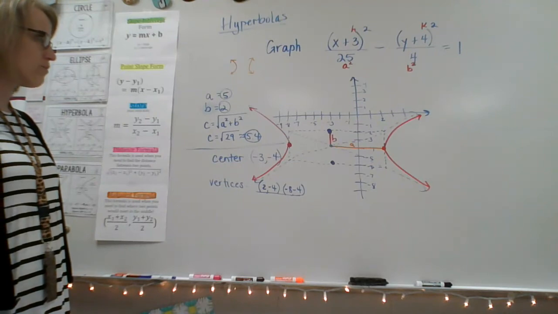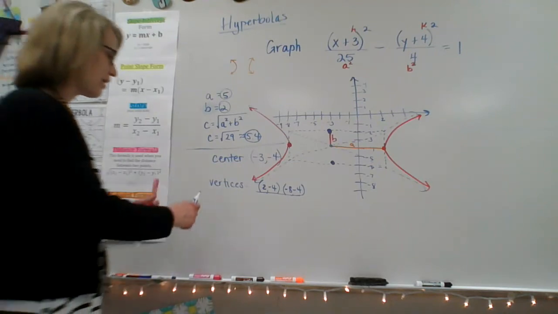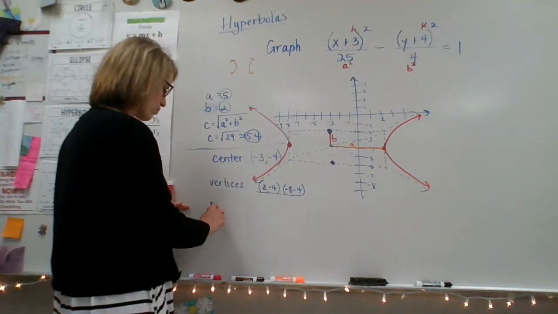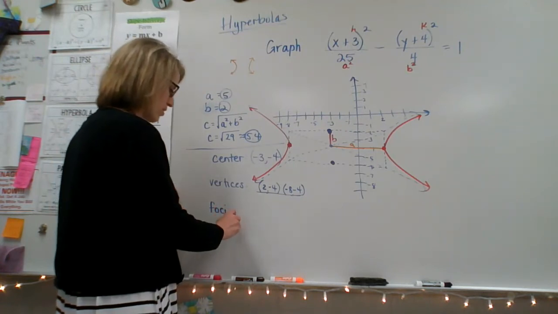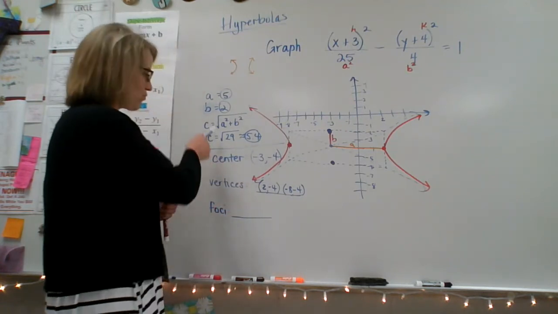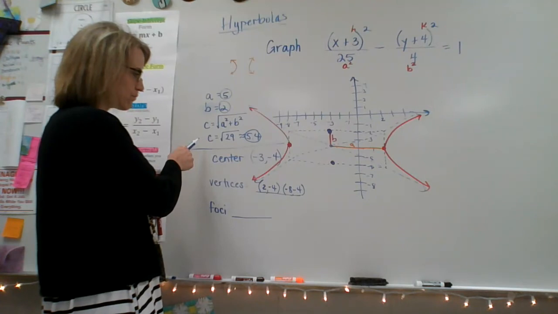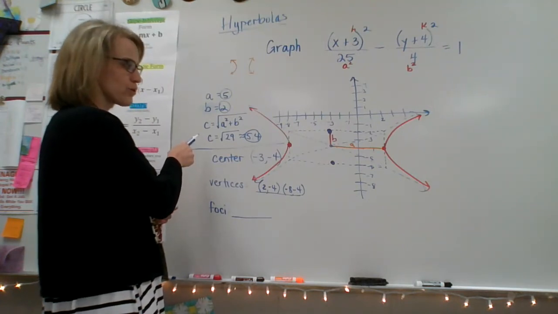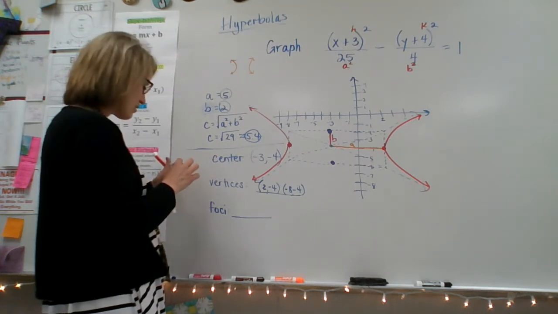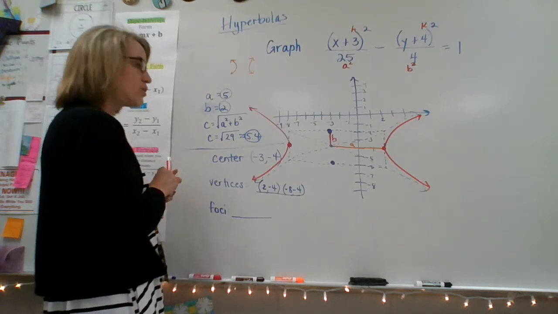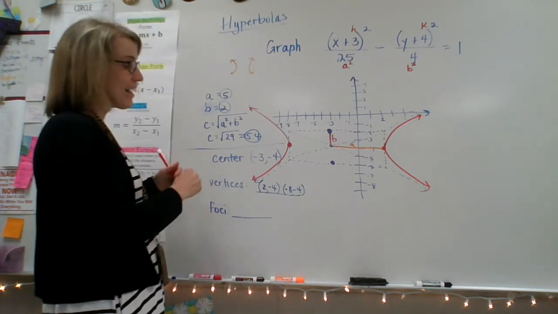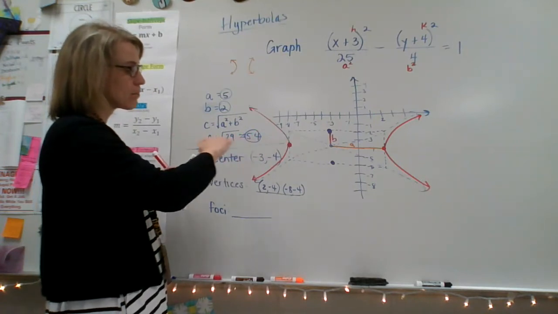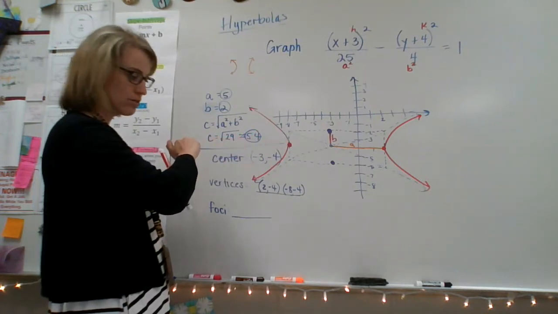Then what we want to do is go ahead and figure out where the focal points would be, also known as the foci. We use this little formula to find our C value, and that will help you figure out where those focal points are going to be. So C is the distance from the center to the focal point, and it has to be on the same axis as your branches, okay?